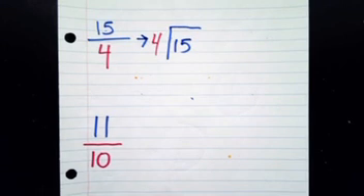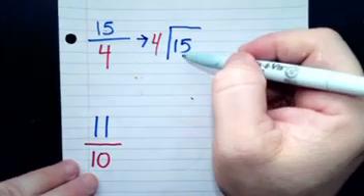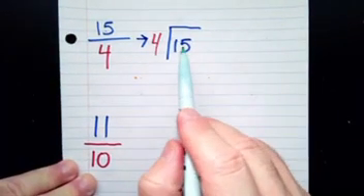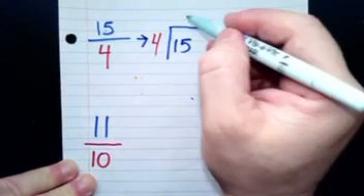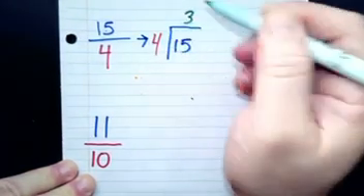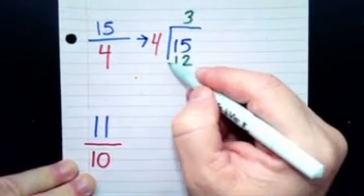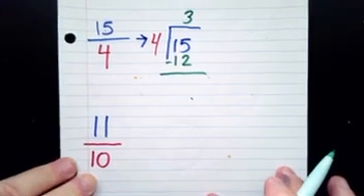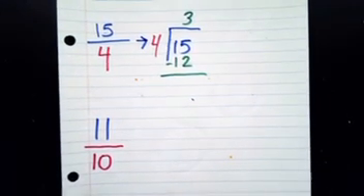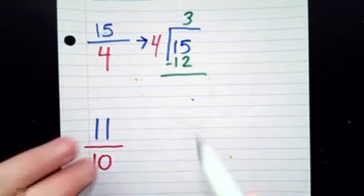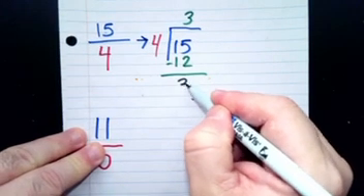So I know 4 times 3 is 12, and 4 times 4 is 16. So I'm not going to use 4 because 16 is larger than 15. So I'll use 3. 4 times 3 is 12. I'm going to subtract 12 from 15, and that gives me a remainder value of 3.